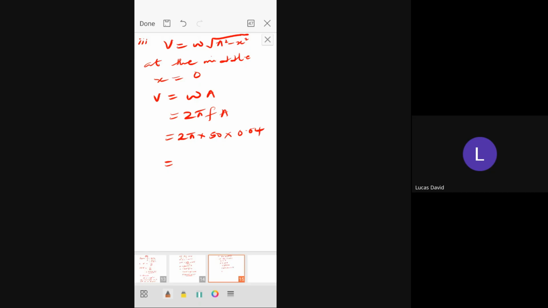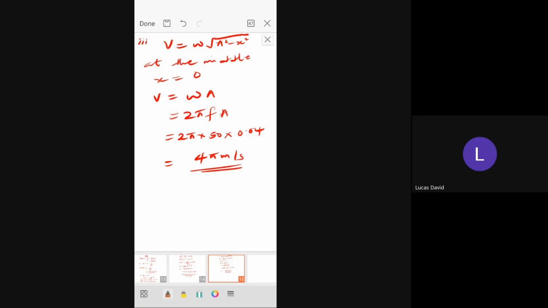And of course, if I multiply 100 by 0.04, it's as good as dividing it. And that would give me, oh, 100, that's 4. So that is 4 pi meters per second. So this is the velocity at the middle. So the velocity at the middle is simply given as 4 pi meters per second.